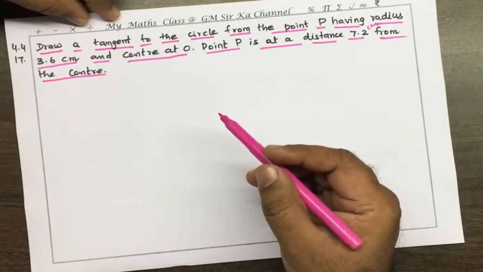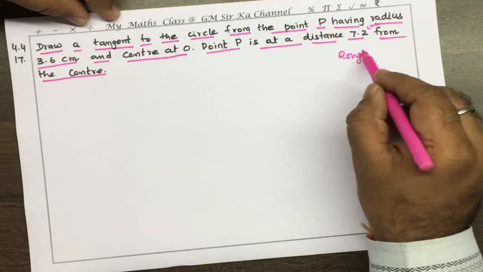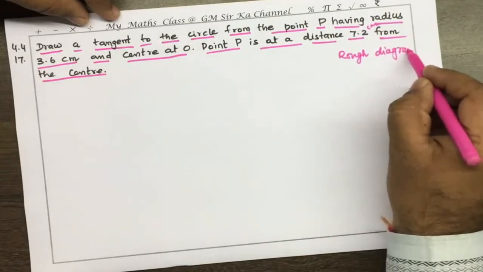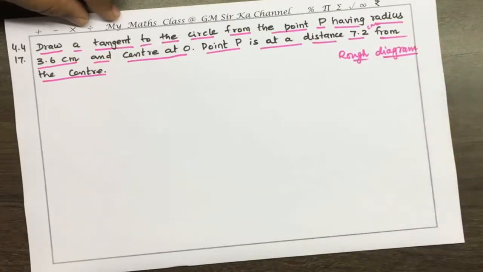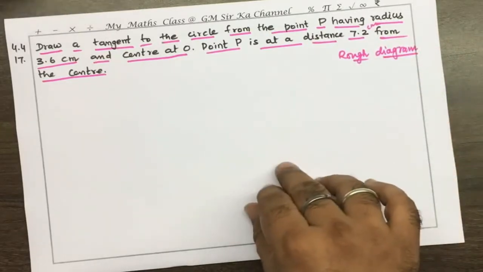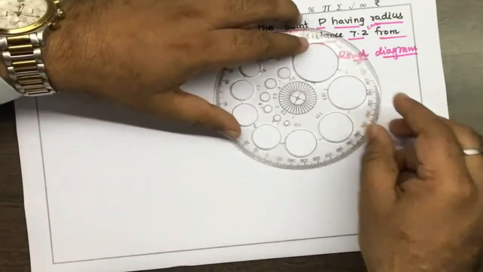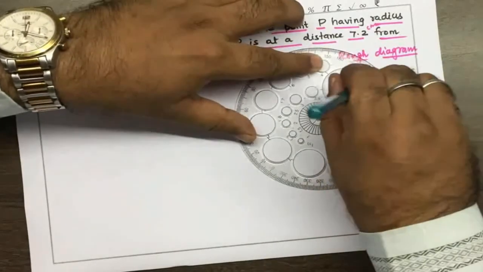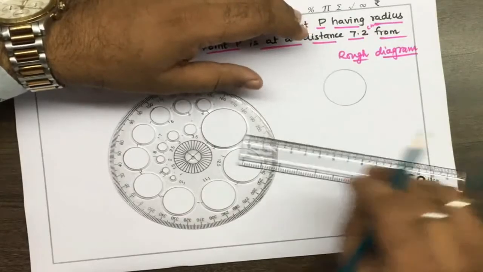So first of all, we must draw the rough diagram. Always we have to draw the rough diagram to get a clear idea of the fair diagram. So we have the circle of radius 3.6 centimeter.